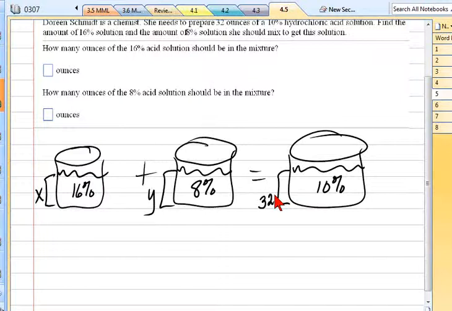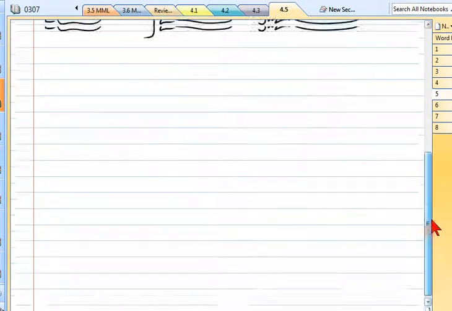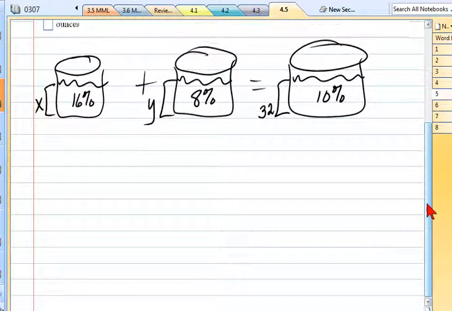If you can put all of the information into the picture, you're not going to have any difficulty setting it up. The first part, look at the outsides of the beakers. You have X ounces, you have Y ounces, you pour them together and you get 32 ounces.